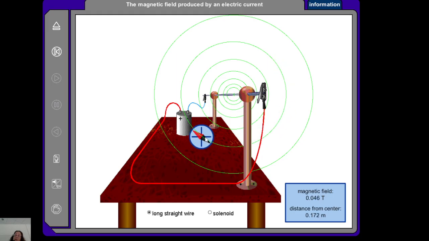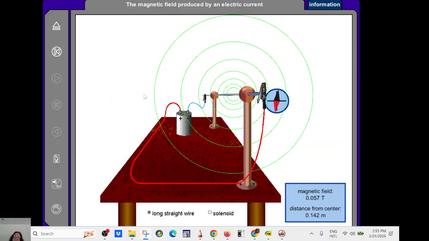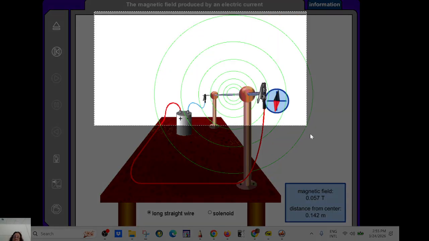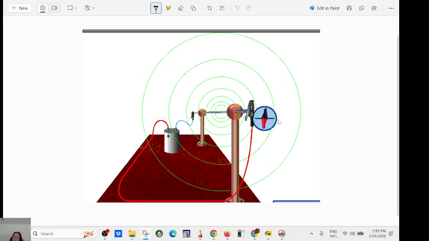A compass is like a vector. This is the head, that's the tail, showing you how the magnetic field is going around. So in this case, my thumb would be going towards the negative? No, you're using this. This is the wire, and that's going to be the magnetic field.